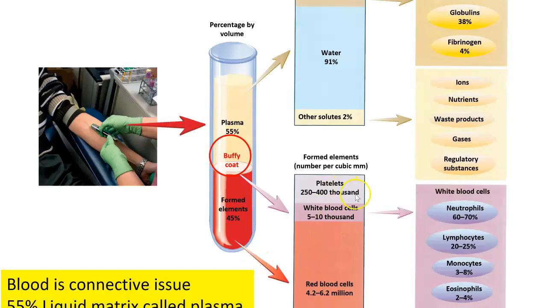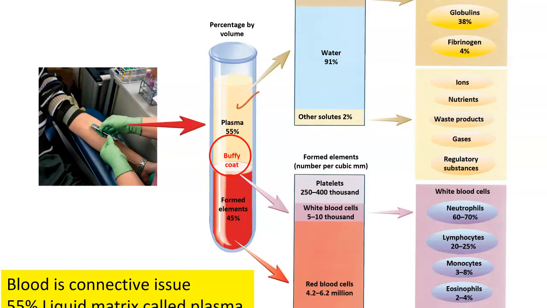Now, this is going to be a very broad overview of the composition of blood. Blood can be what we call fractionated. What that means is that we can spin blood in a centrifuge, allowing the different components to separate based on their molecular weight. The lighter component, which would be plasma, will be at the top.